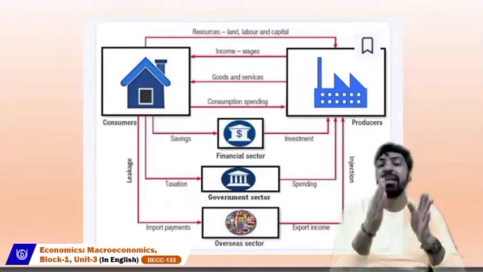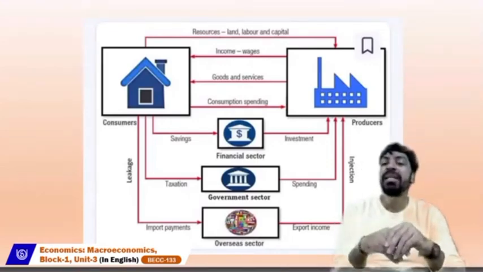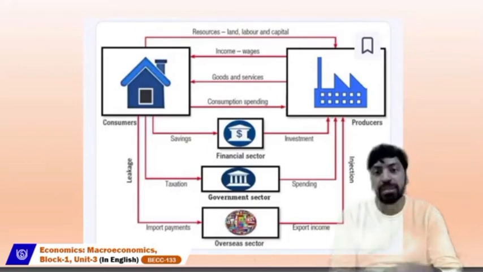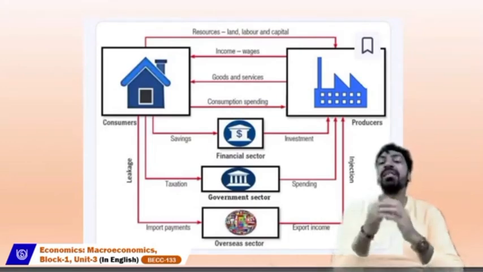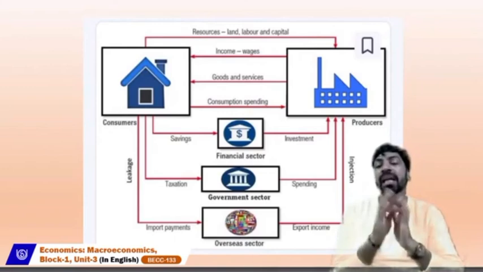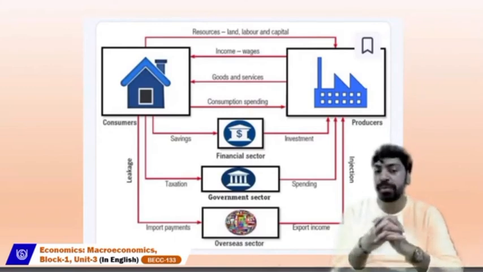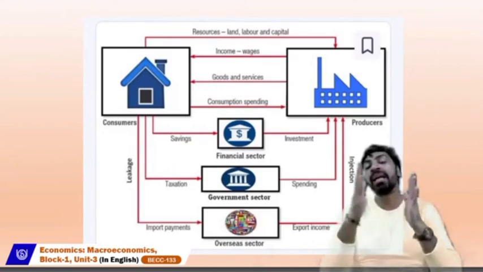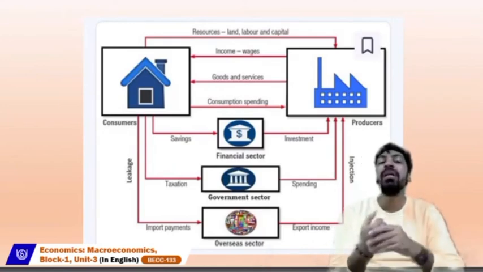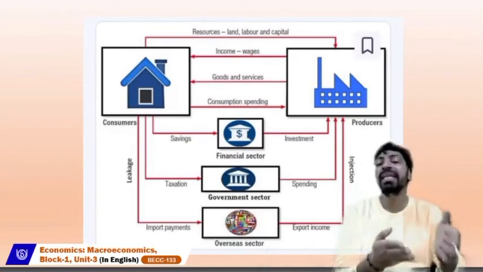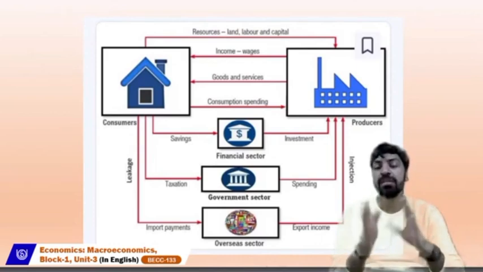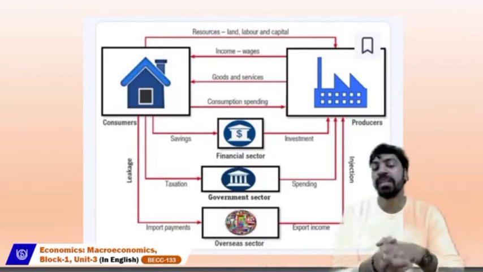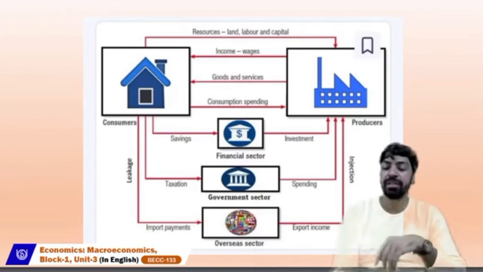Injection means the introduction of flow into organizations in the form of investment, spending and exports. This is how you show the terms leakage and injection in a diagram. So this is all about the conceptual framework of the two terms, leakage and injection.